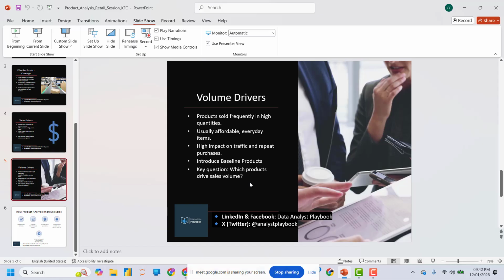So at that point, you have to also know about baseline products. Baseline products are the intersection between value drivers and volume drivers. They are there to balance off the high premium prices of products and the low prices of low-volume drivers.